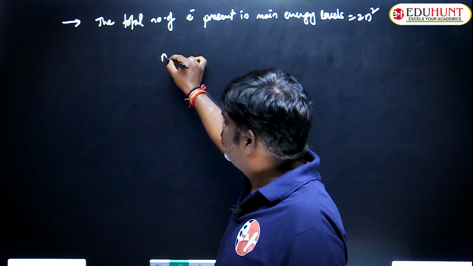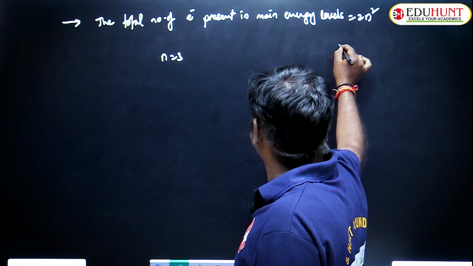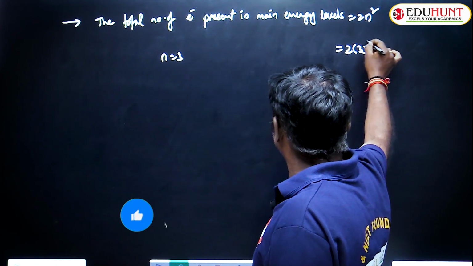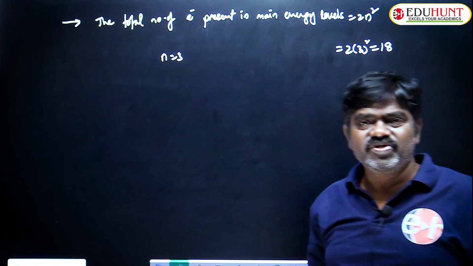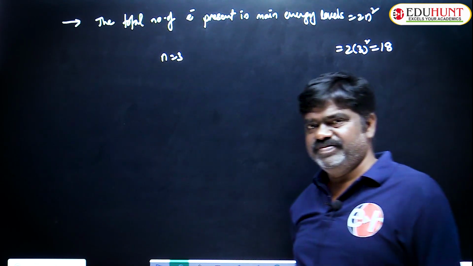So, if n is equal to 3, then 2 into 3 square is equal to 18. So, 18 electrons are present in the third shell.